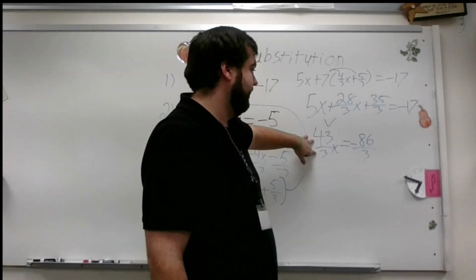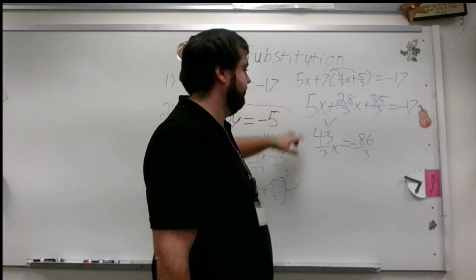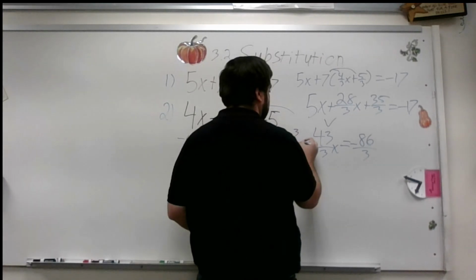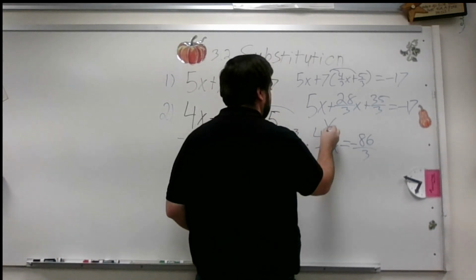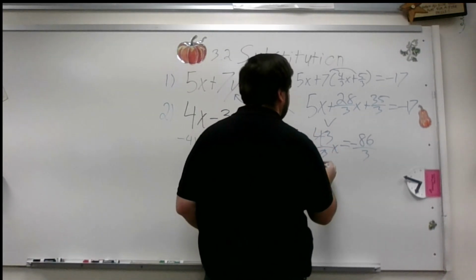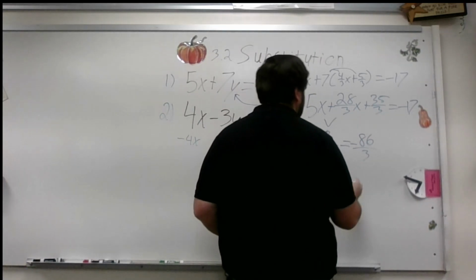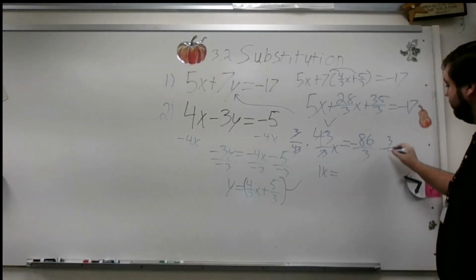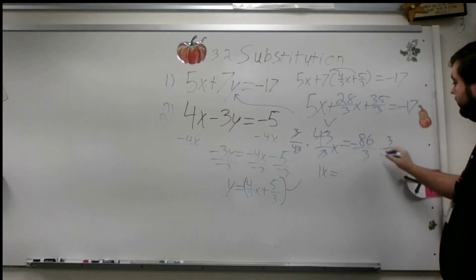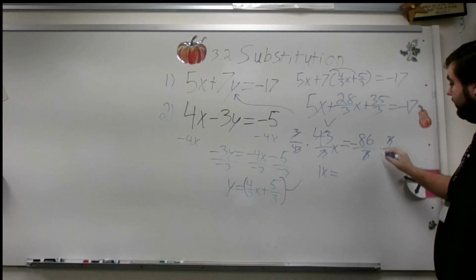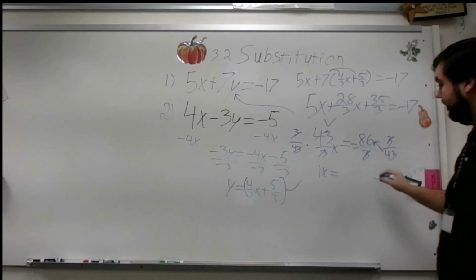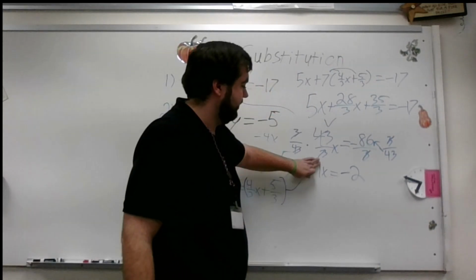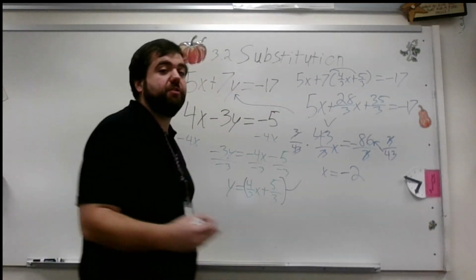When you divide by a fraction, really just multiply by the reciprocal. 3 over 43. That cancels, I'm left with x equals. Then over here, 3 over 43. Those cancel. These reduce, and I'm left with x equals negative 2.